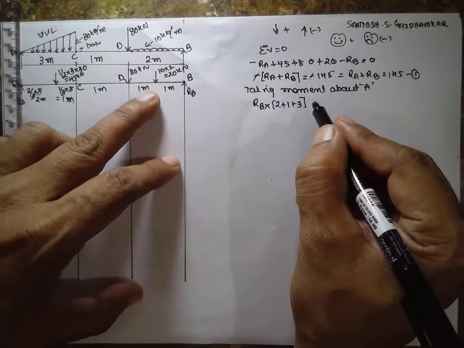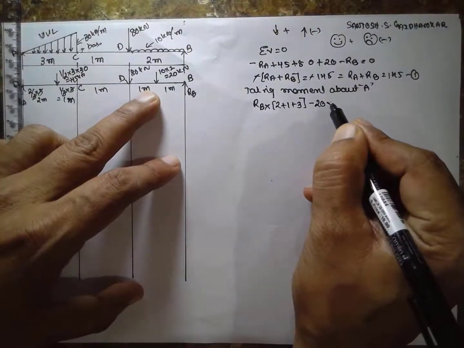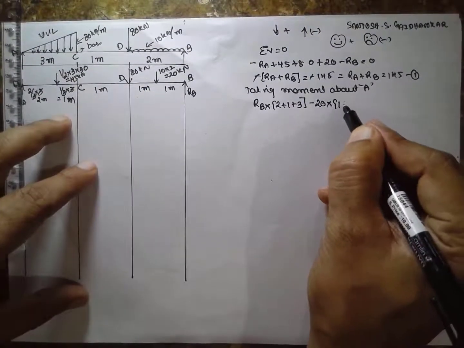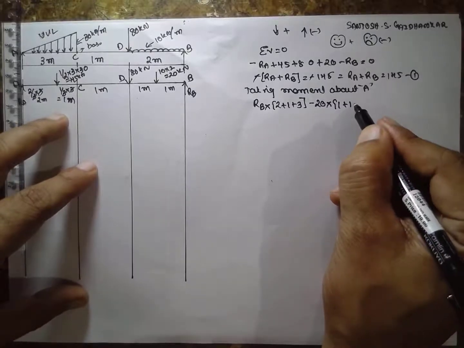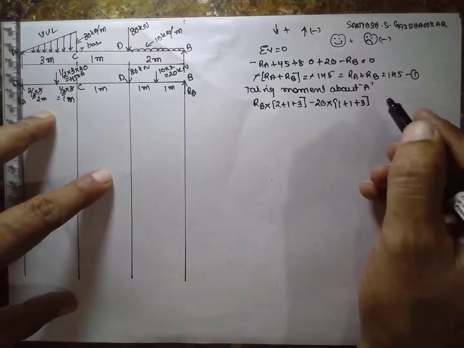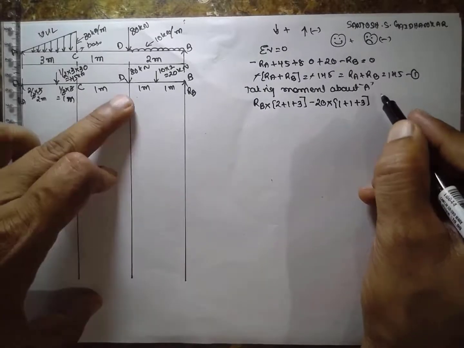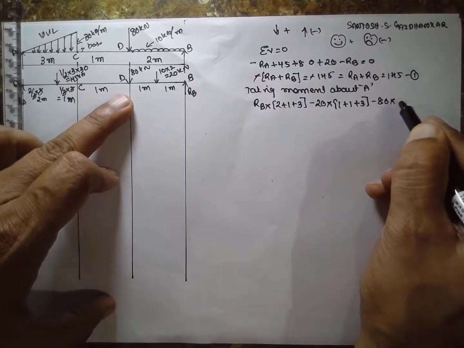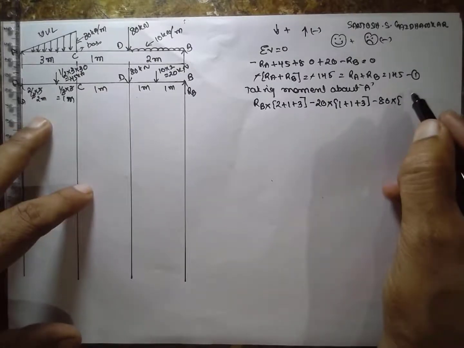Next, minus 20 into distance, that is 1 plus 1 plus 3. Next, minus 80 into distance, that is 1 plus 3.